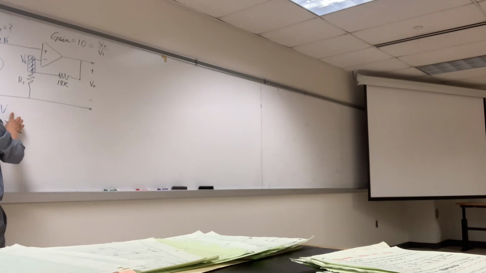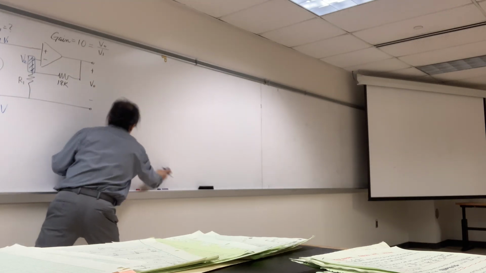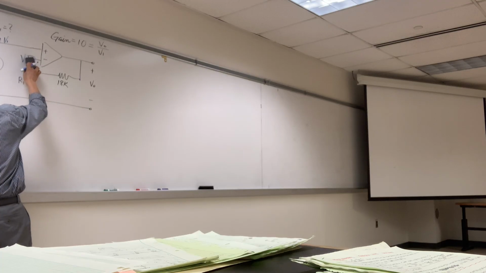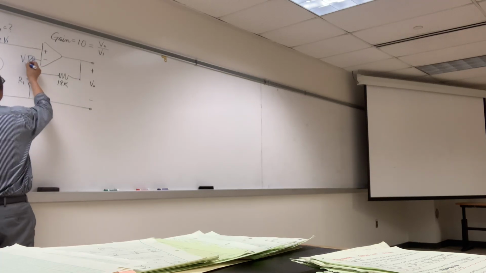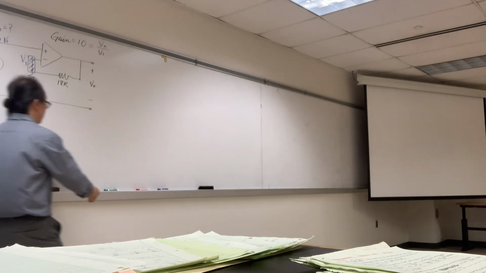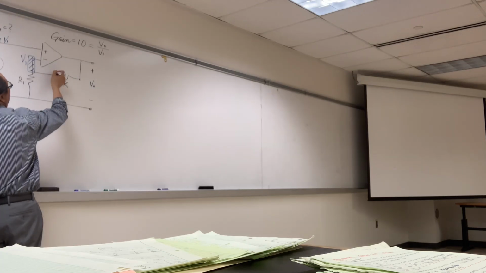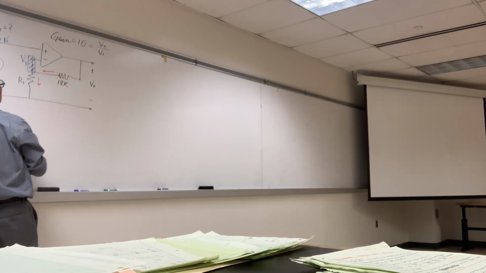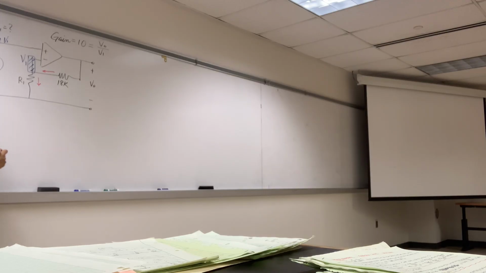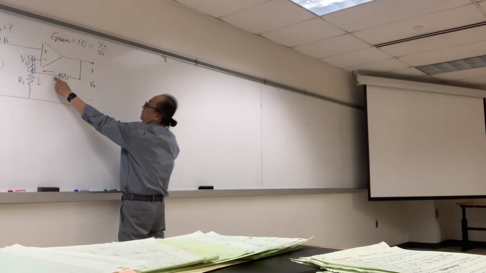I'm going to just call this V1. Since V1 equals V2, we can call this V1 as well. And we have a current going in that direction, going up and to the right, it doesn't matter.